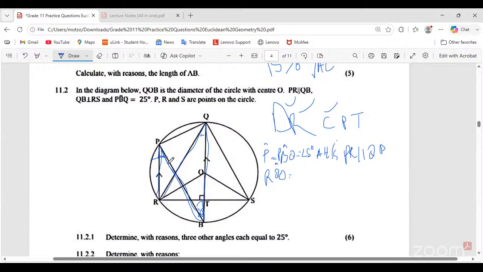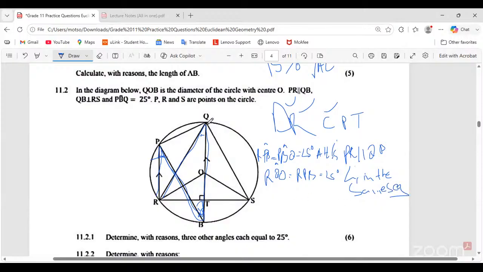This was not supposed to be P, it was supposed to be RPB. So I will have RPB is equal to 25 degrees, angles in the same segment.